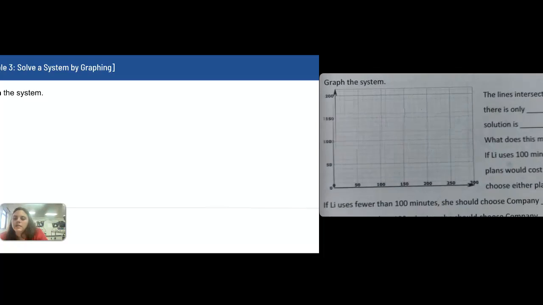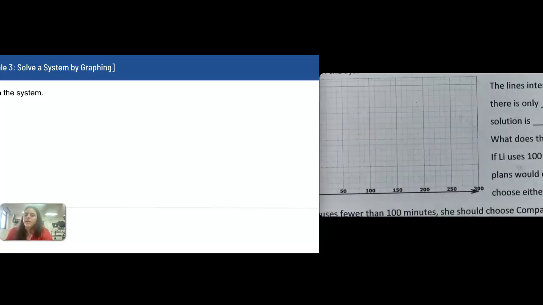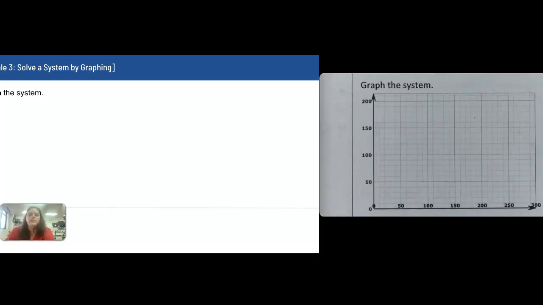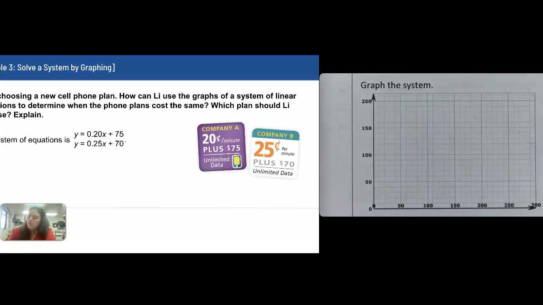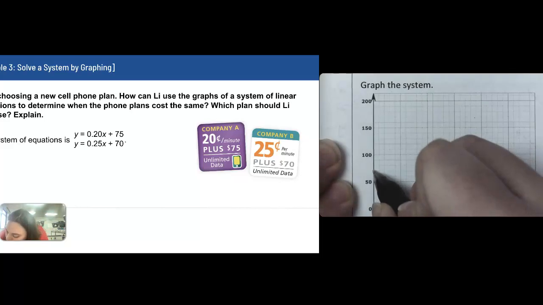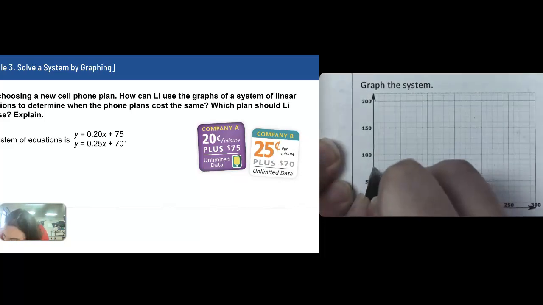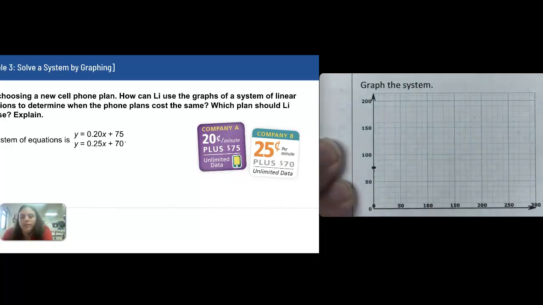Now we know that our first one is starting at 75. So here's 50, 60, 70, 75's about right there. And then we're going to go up 0.2 each time we go over. Or we could also say that we're going to go up 1 and over 5.